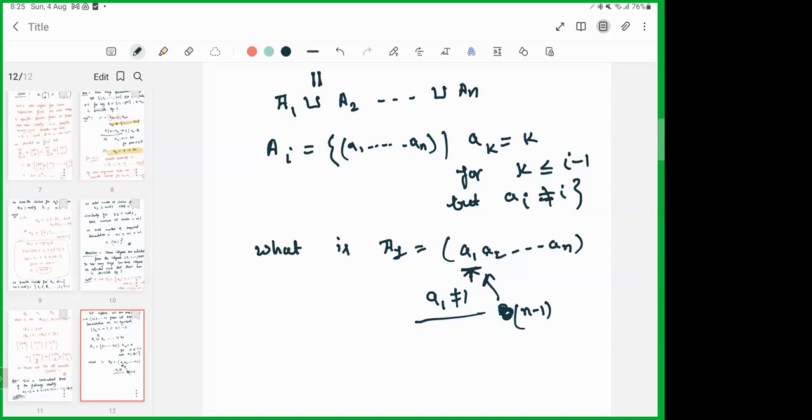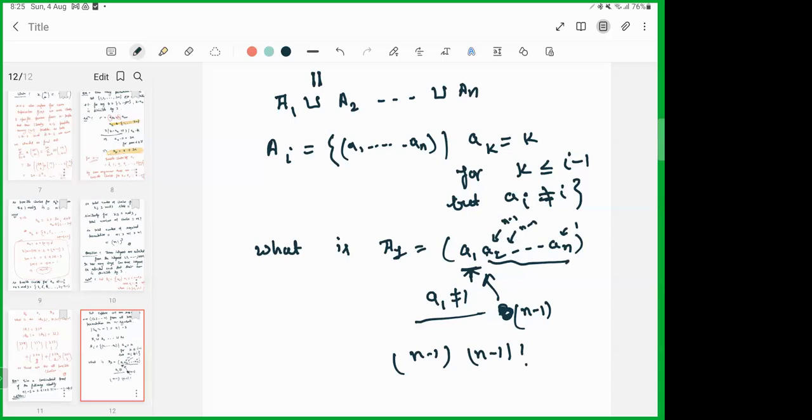Then for A2 we have n minus 1 choices, then for A3, n minus 2 choices, and for An we have 1 choice. So how many choices do we have? n minus 1 into n minus 1 factorial. Have you got it or not?